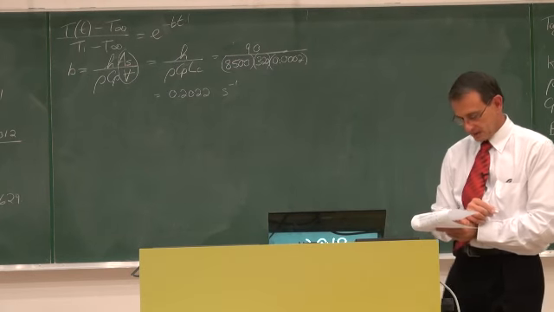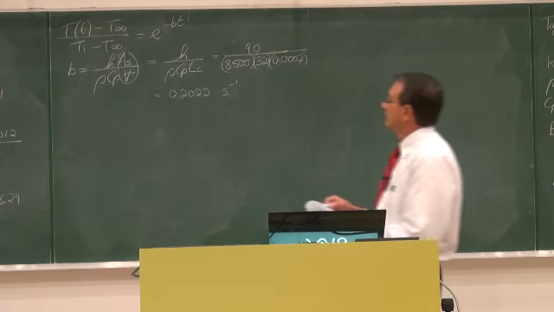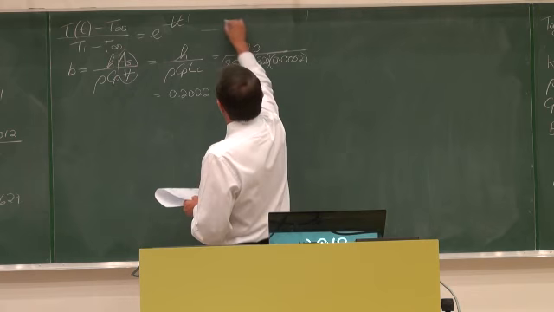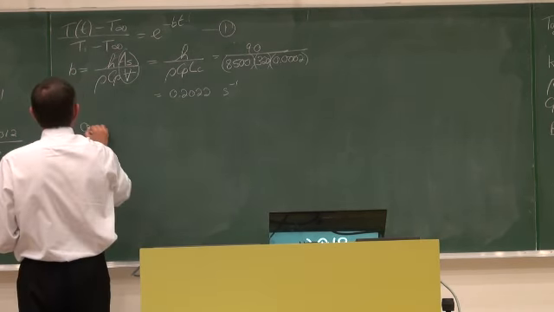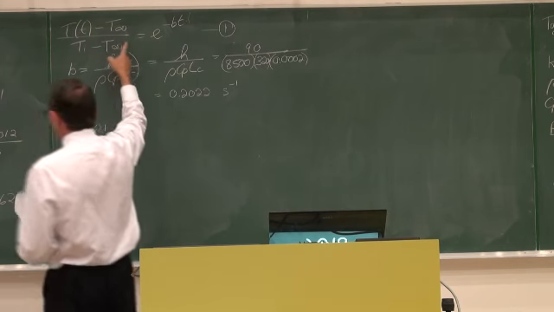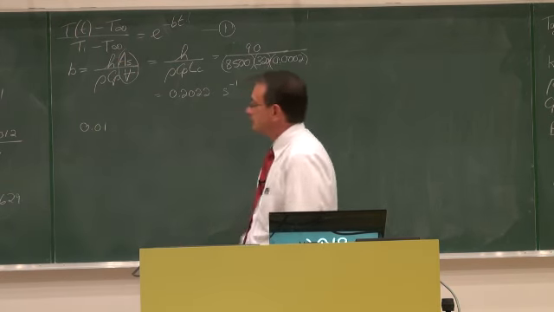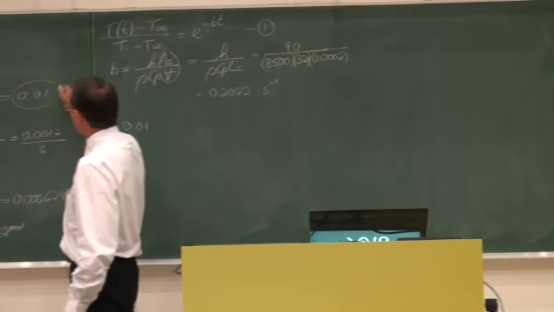The time constant. Okay, so let's put it into equation 1. If we put it into equation 1, then that is about the 1% uncertainty. Here we've calculated that ratio.